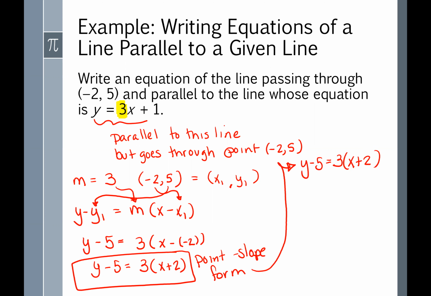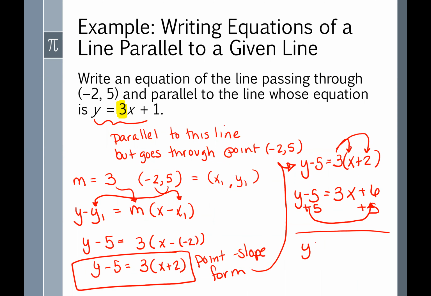If I want it in slope intercept form, I need to distribute the 3 across. 3 times x is 3x, 3 times 2 is 6. And I need to move the minus 5, excuse me, to the right-hand side by adding it. So this is slope intercept.